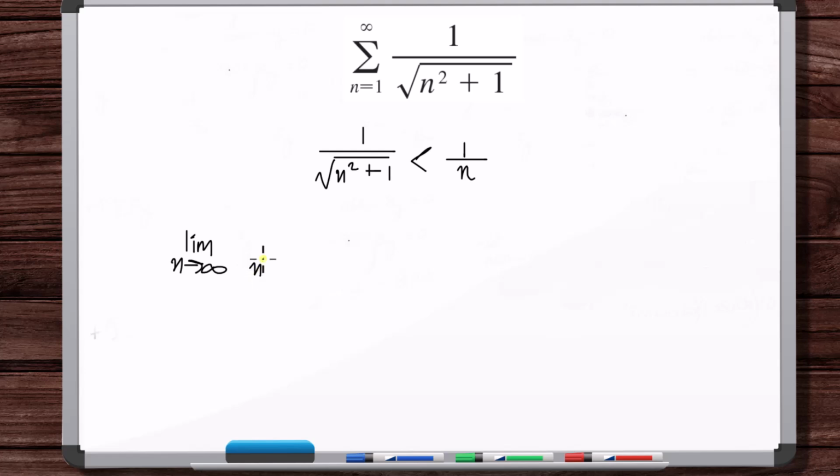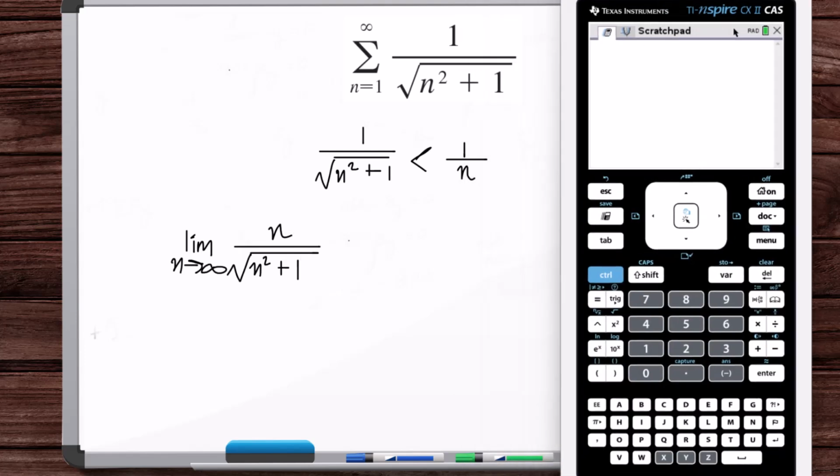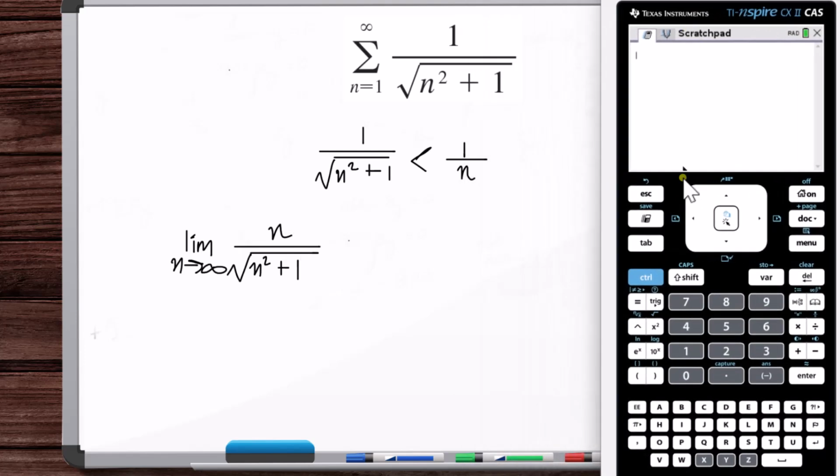And so what we get there is, okay, now n divided by the square root of, okay, so now let's take the limit as n approaches infinity.